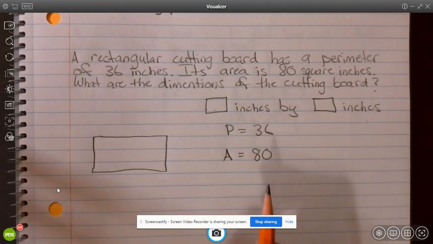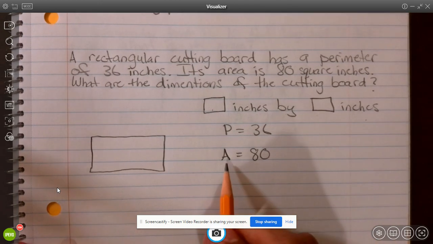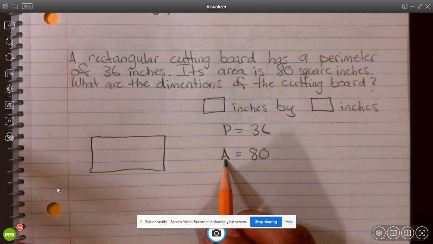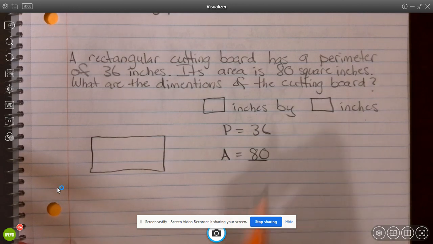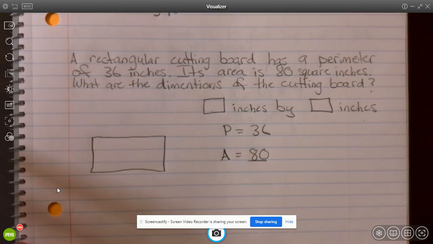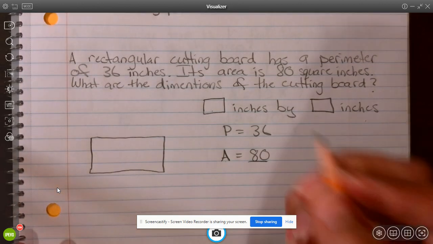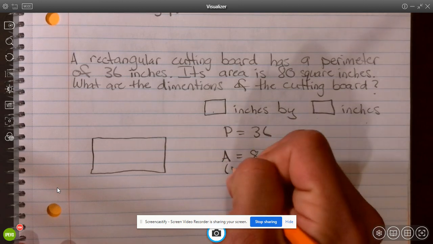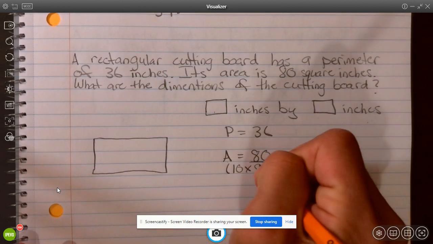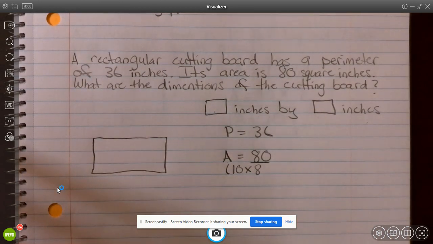Again, our formula for area is length times width. So what times what equals 80? If you said 10 times 8 equals 80, yes, you are correct.